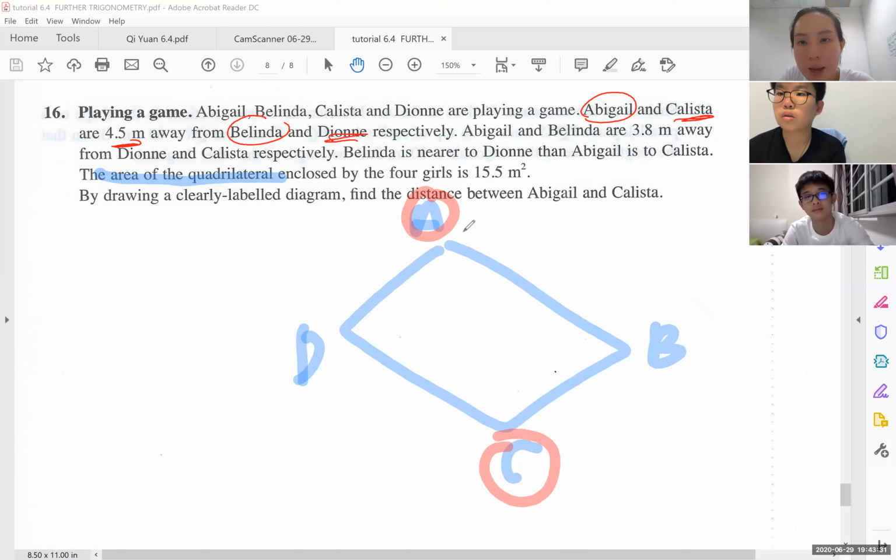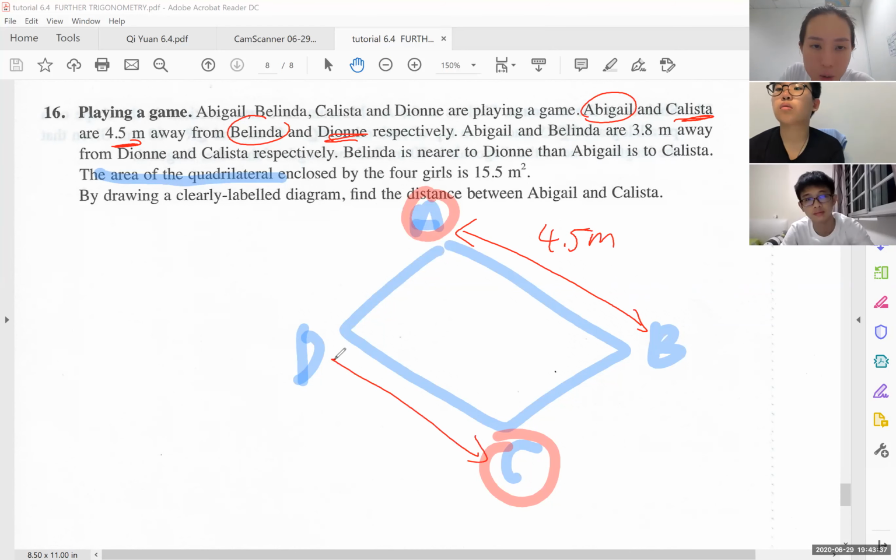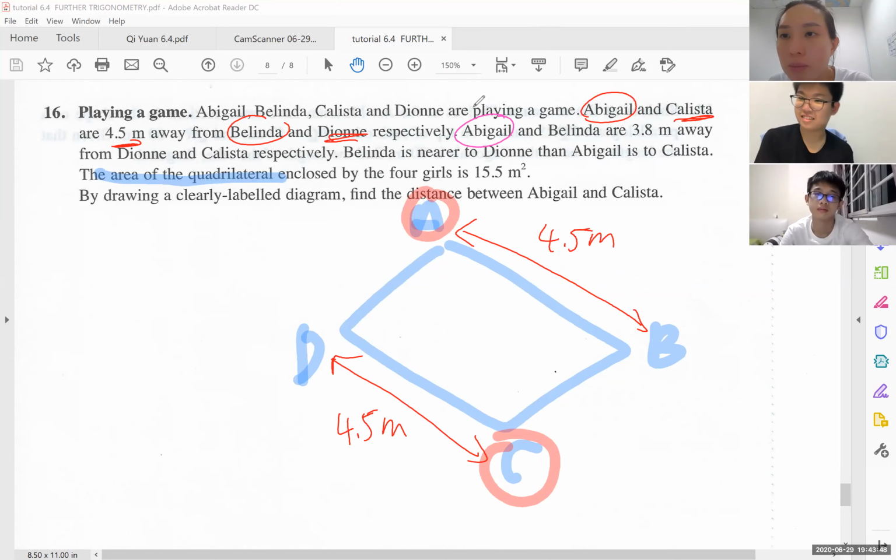So A and B here, 4.5 meters away, and then C and D also 4.5 meters away. You understand the language now? I did this question and I didn't understand the English.